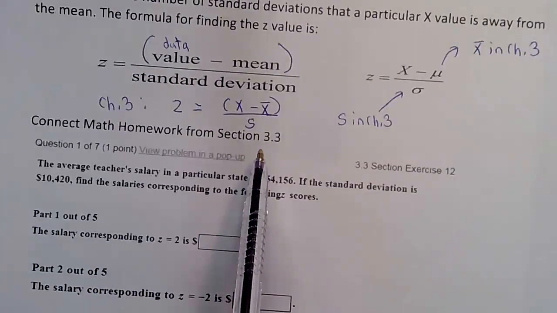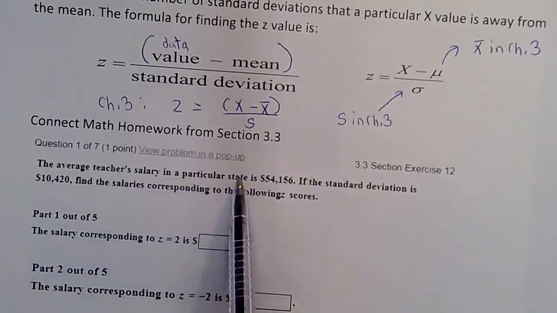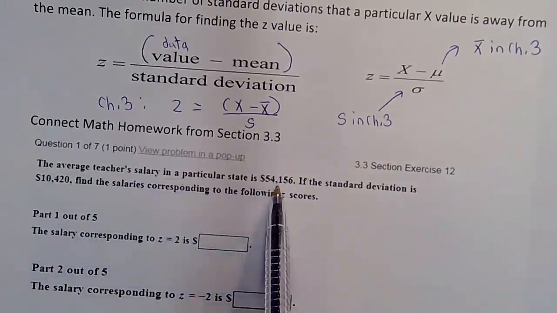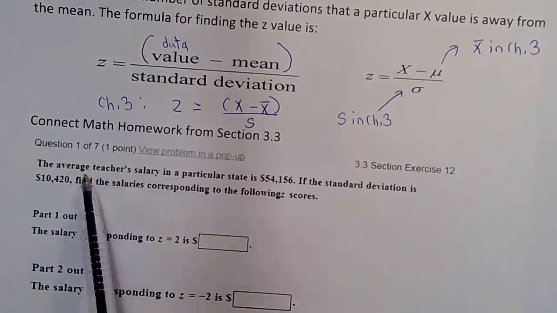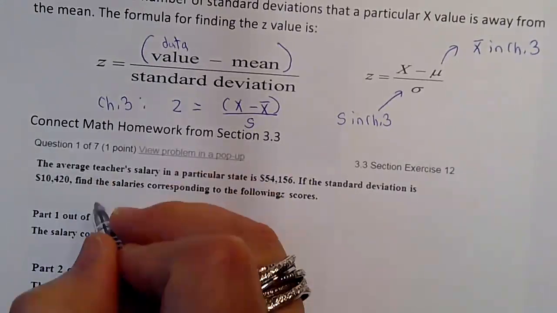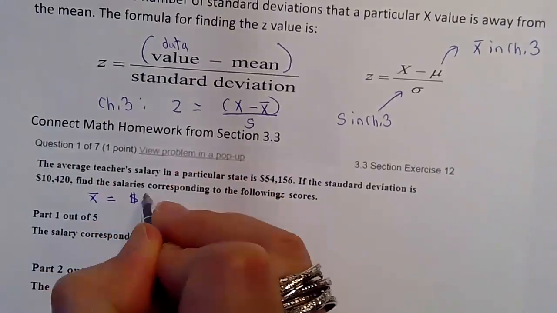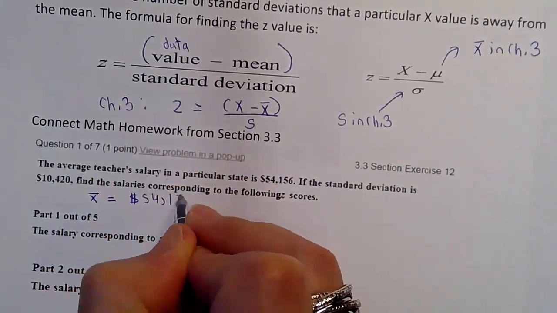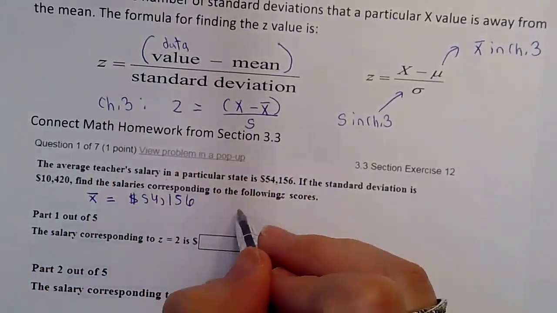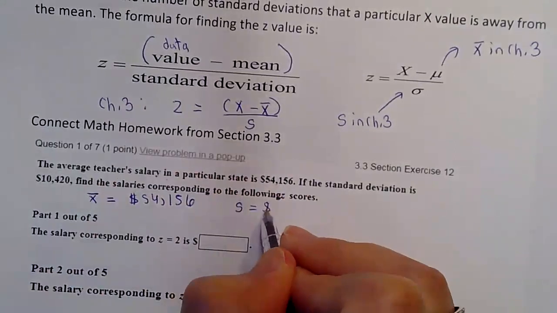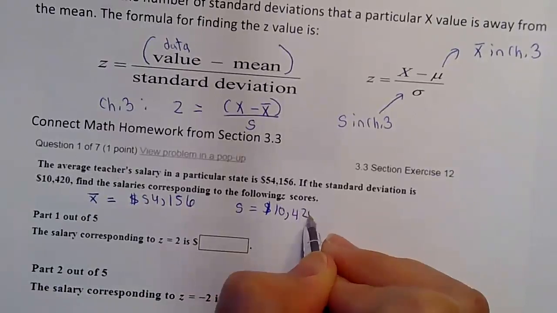See, chapter 3, section 3, the average teacher salary in a particular state is $54,156. So that's the average, that's like the mean. So that would be like X bar, right? The mean. The standard deviation is 10,420 actually.